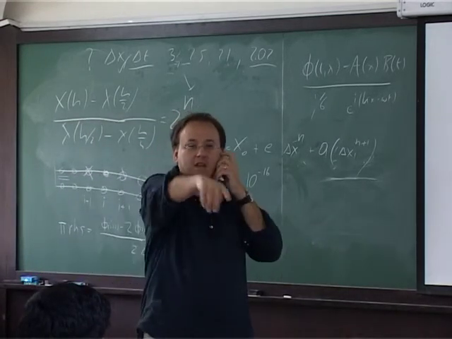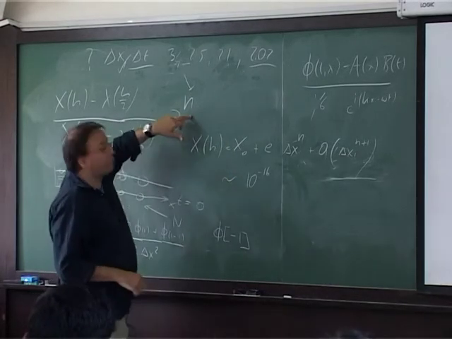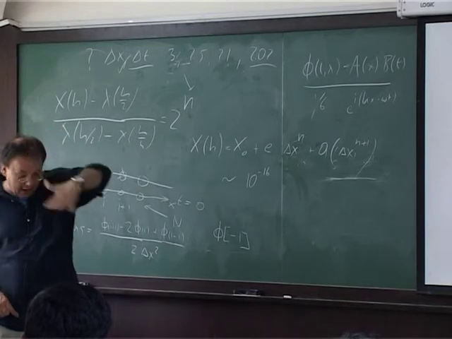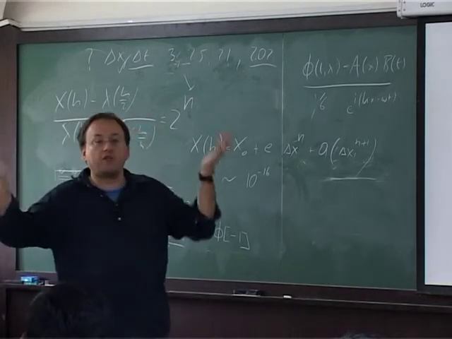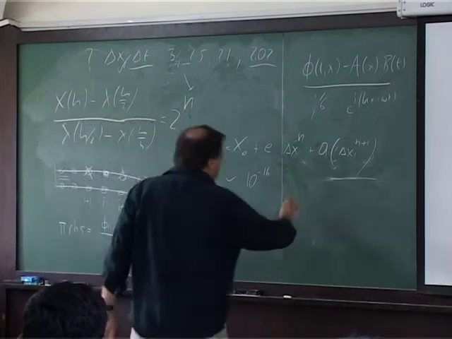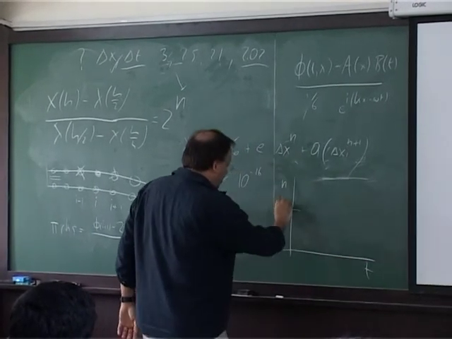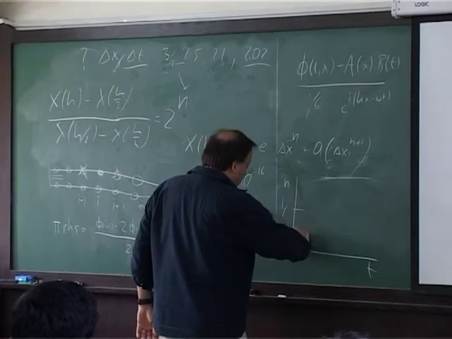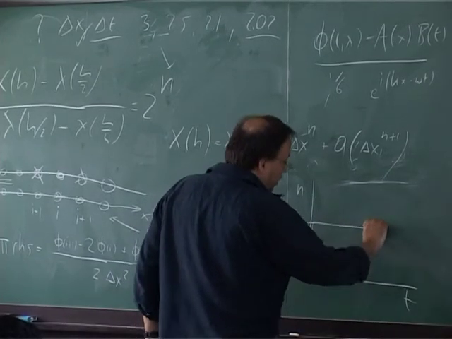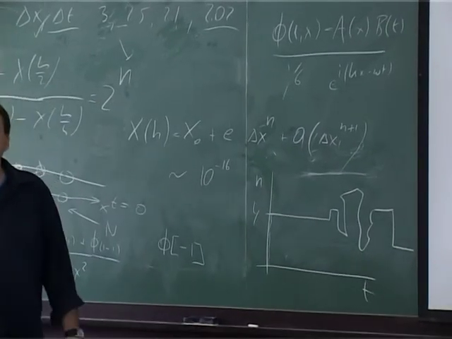For example, we had that yesterday. You computed the convergence order n for the case of the decaying ODE, and for some time it looked perfectly like 4, and then suddenly it gets very noisy. Let's draw this curve. We plotted n of t, and here's 4. There was some initial transient, which we can discuss separately, then it's perfectly 4, and then suddenly it looks noisy. What does this mean?